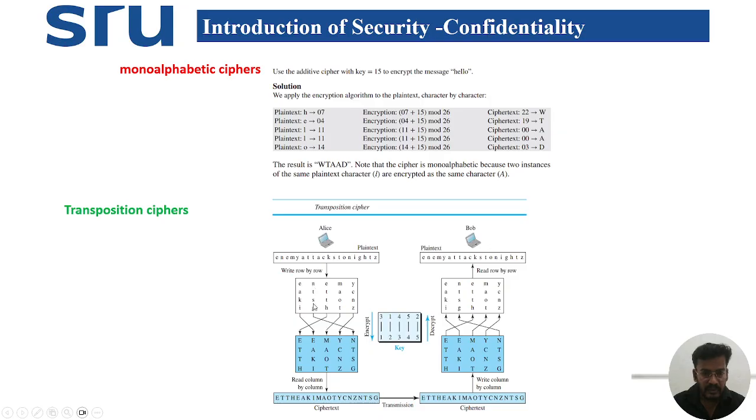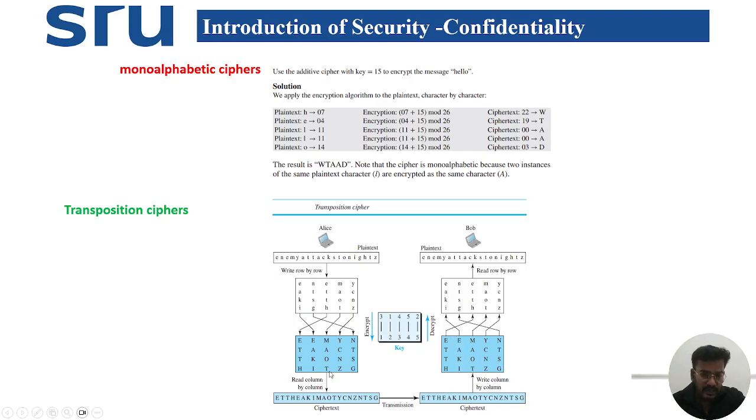Then the second column goes to the fifth position, so second equals fifth. Third comes to first, so third should be first. We modify the encryption like that, and the decryption is rearranged accordingly.